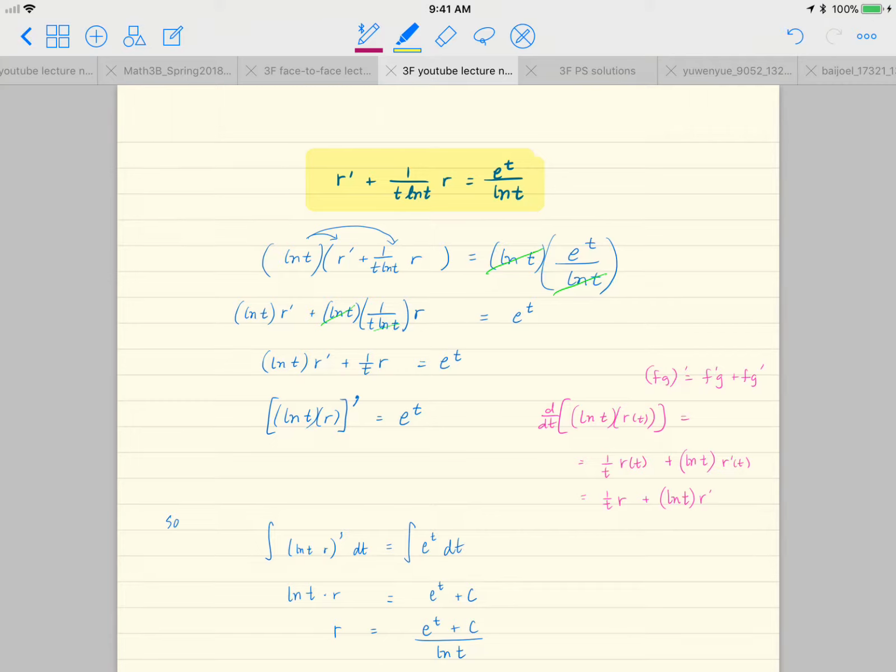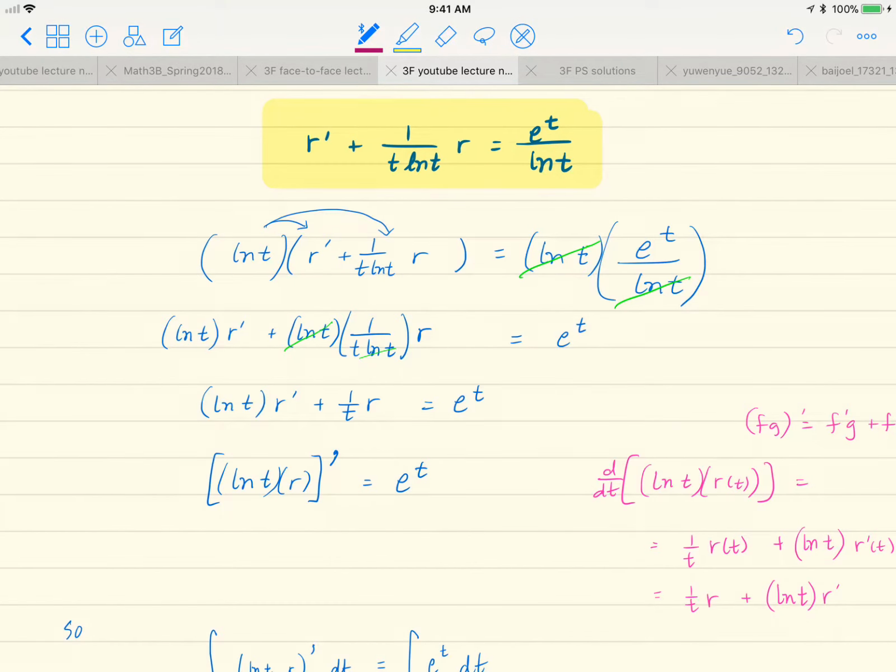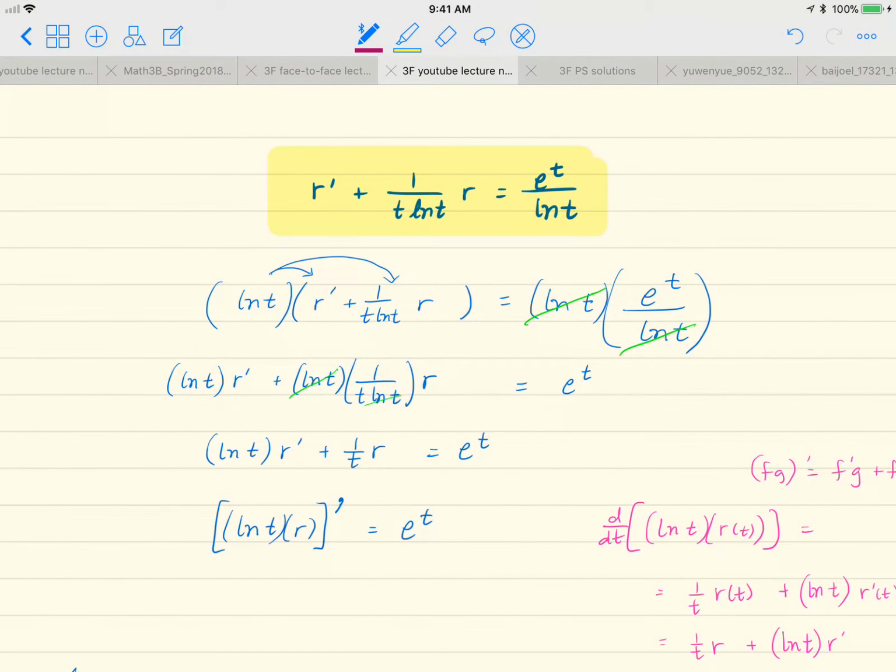Let's go to step 2. Step 2 was to multiply. What are you multiplying? You're multiplying your equation in the general format. Otherwise, the method won't work.